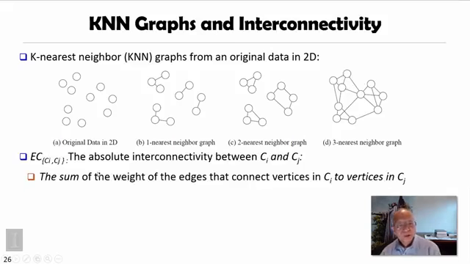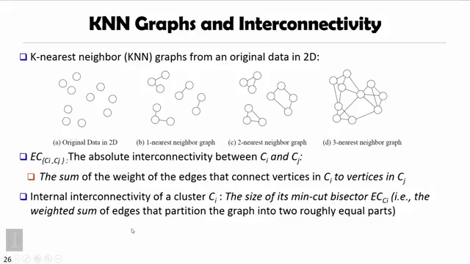Then we look at the absolute interconnectivity between C sub i and C sub j. This absolute interconnectivity is essentially the sum of the weights of the edges that connect vertices in C sub i to vertices in C sub j. Essentially, you look at the weighted sum of these edges. Then the internal connectivity of the cluster C sub i is essentially the size of its min-cut bisector.